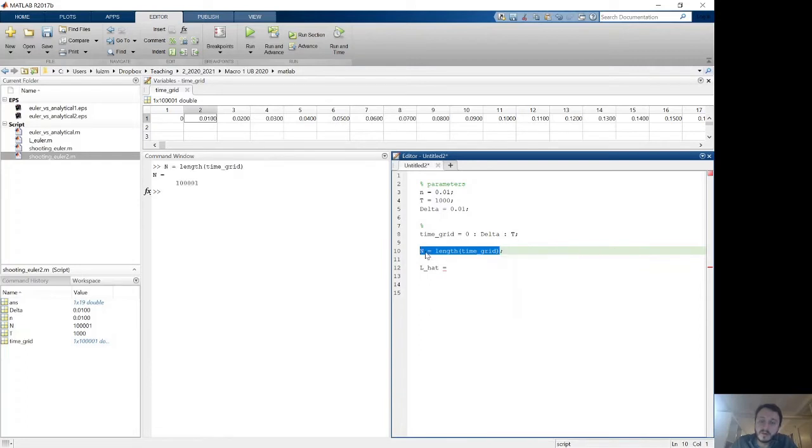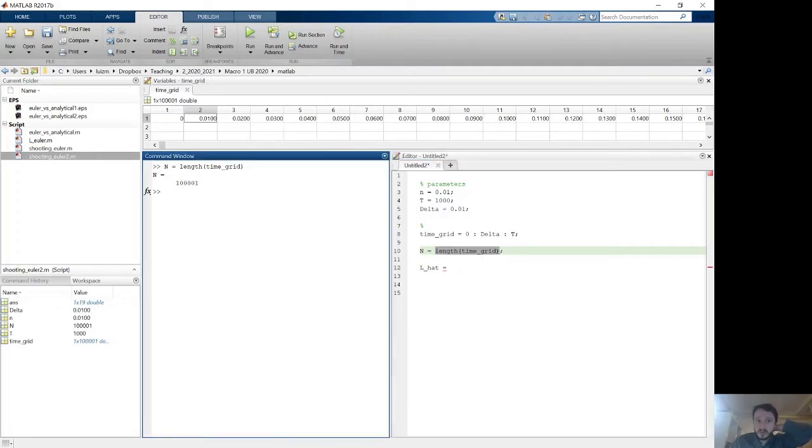And you see here that I am defining N equal to the length of the time grid. This function, length, gives me the size of the object. So we see here that it is 100,001.